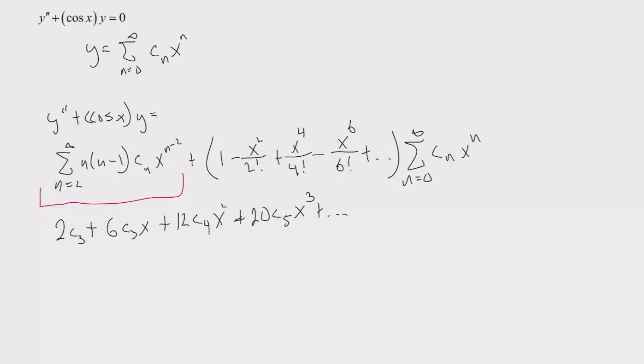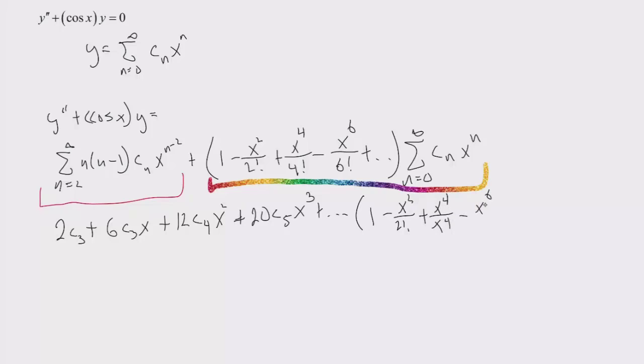And then with the other Maclaurin series, let's talk about this guy. Not much we can do with the factorial, so I'm going to carry that over: 1 minus x squared over 2 factorial plus x to the 4th over 4 factorial minus x to the 6th over 6 factorial.